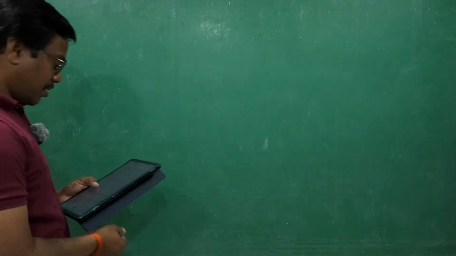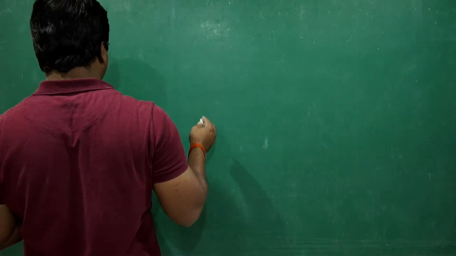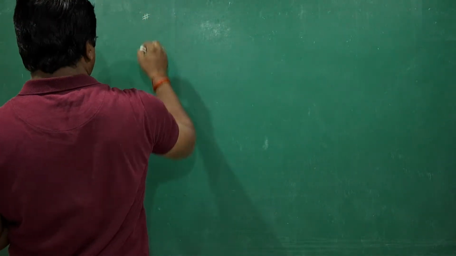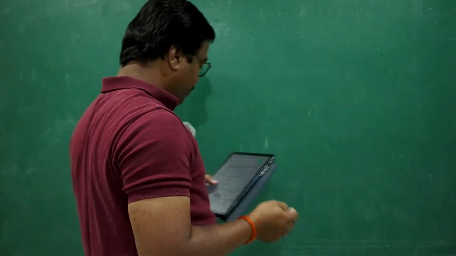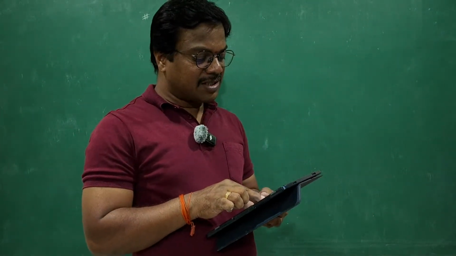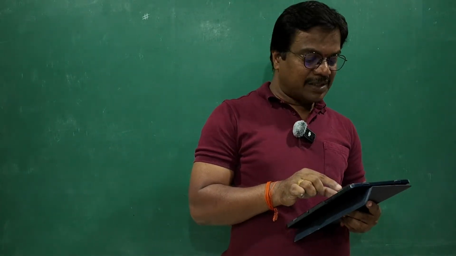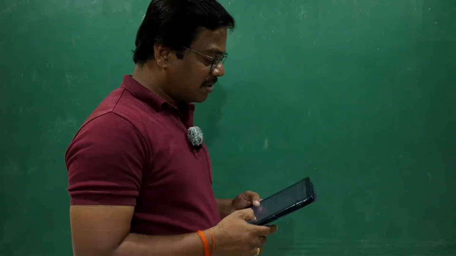So you must concentrate on this topic. Next question from progressions again. Again the question from sequence and series topic. In each paper, compulsory we are getting two questions from sequence and series, remember.